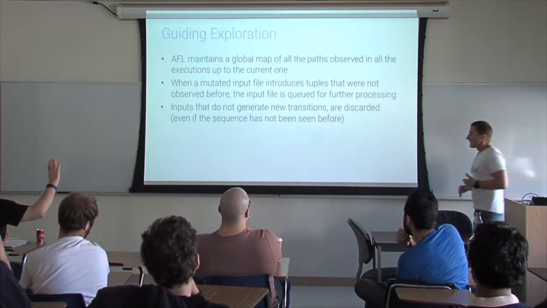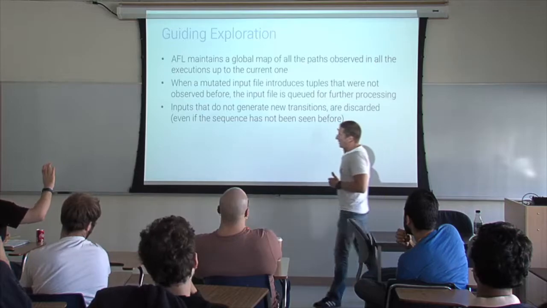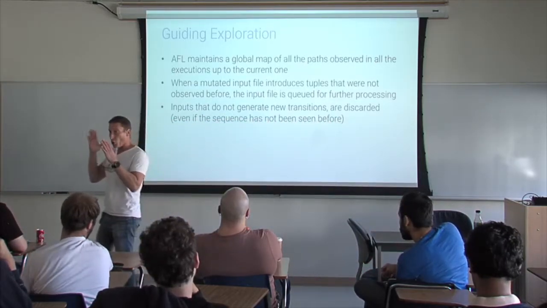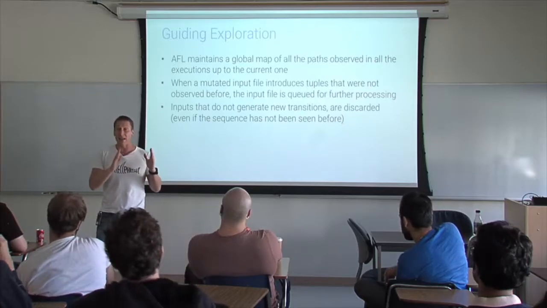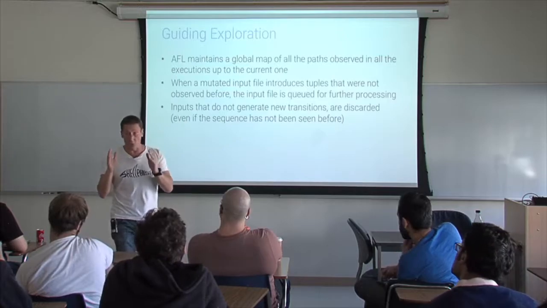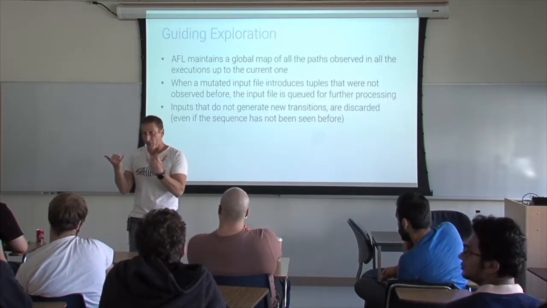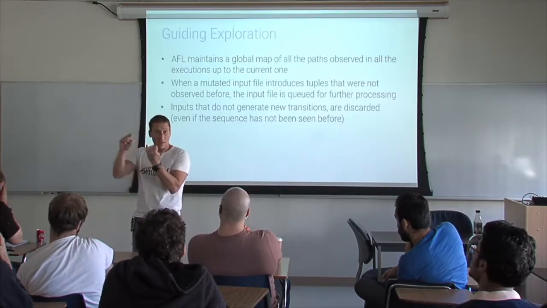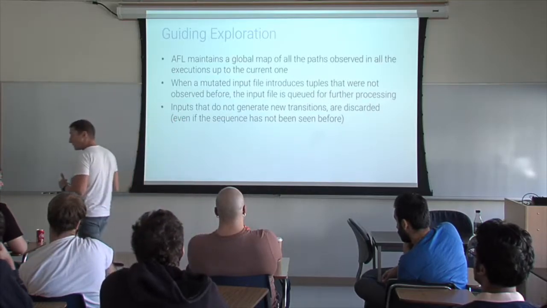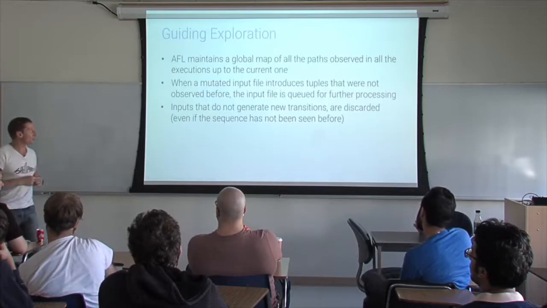So the basic idea is that AFL maintains this map that records all the transitions that have been done and how many times they have been done. Because if you remember in the hash table, the A to B are composed into a hash value, and then you increase this value. So you don't only remember which have been taken, but also how many times.